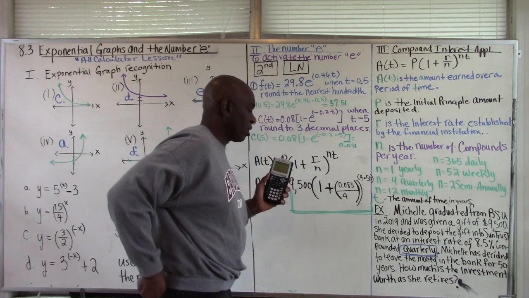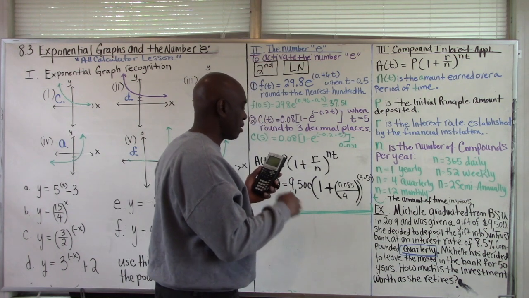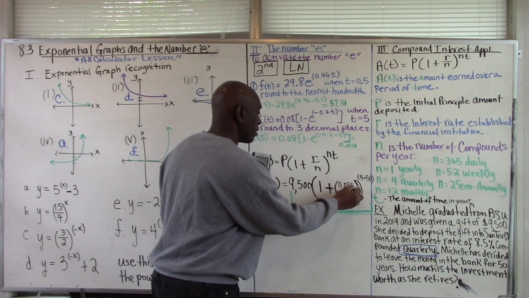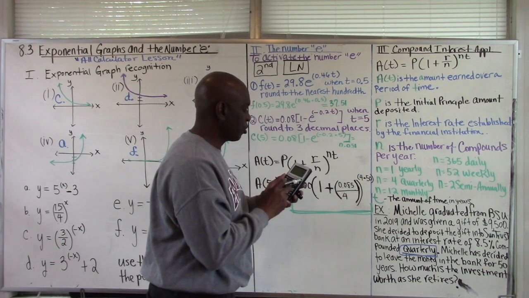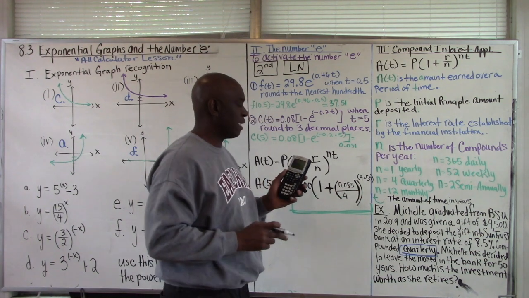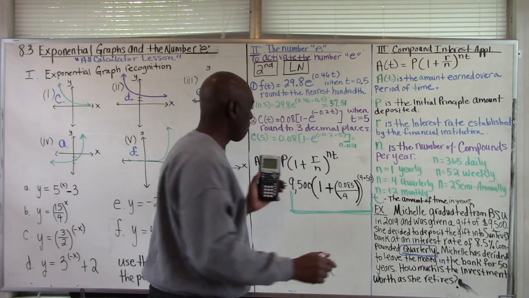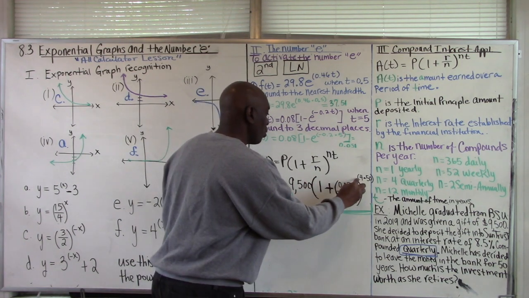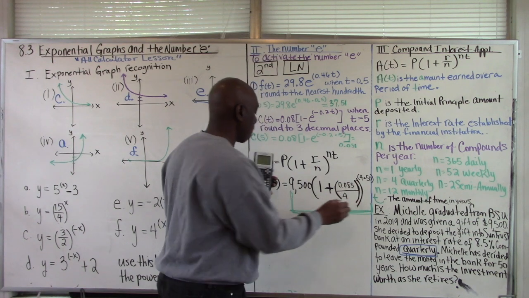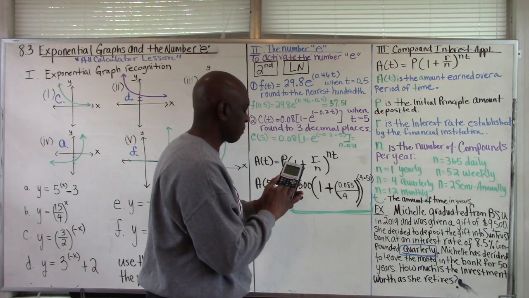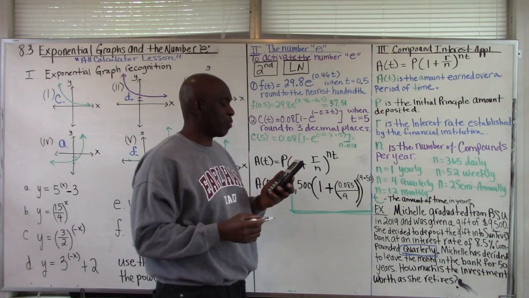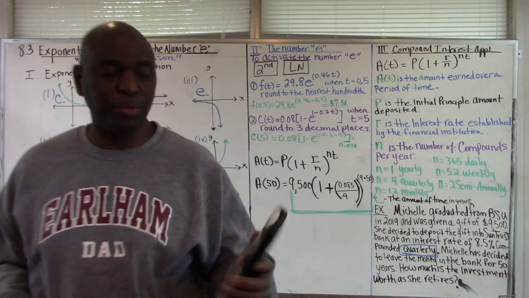And then close the parenthesis. That's this one right here. Once you close the parenthesis one time, then close it again. Here's what it should look like. Let me show you.